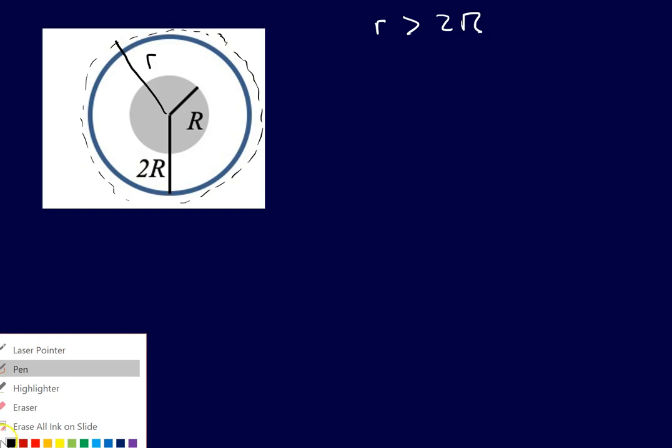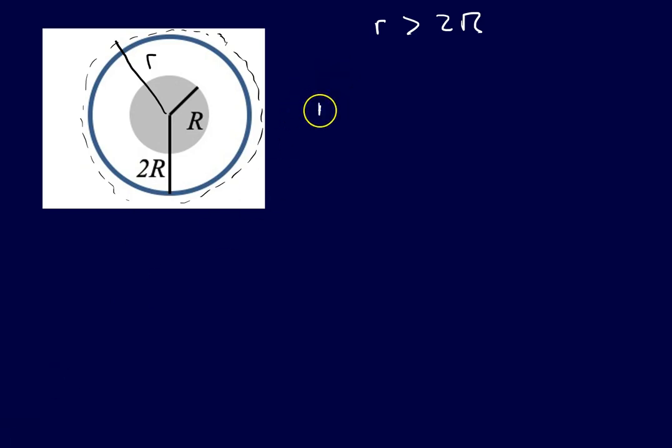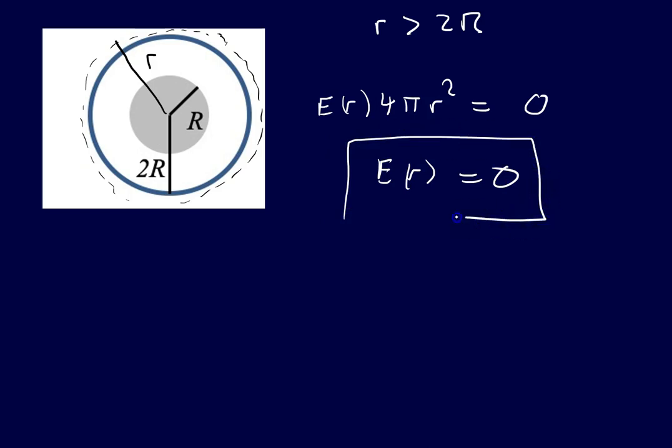And this one turns out to be even a little bit easier, just mathematically at least: E of r times 4 pi r squared, because now the charge enclosed is 0. Because that sphere has a charge of positive q, and that shell has a charge of negative q. So this turns out to be a total electric field of 0.